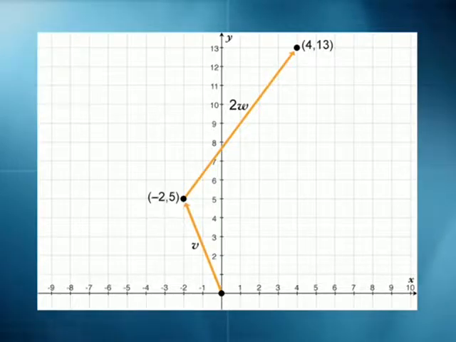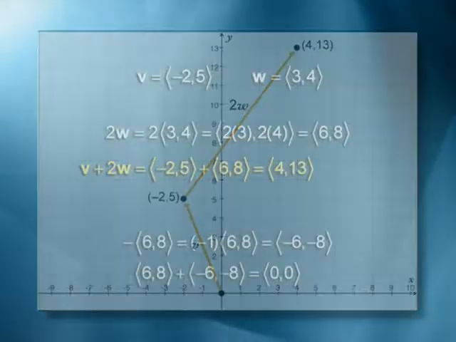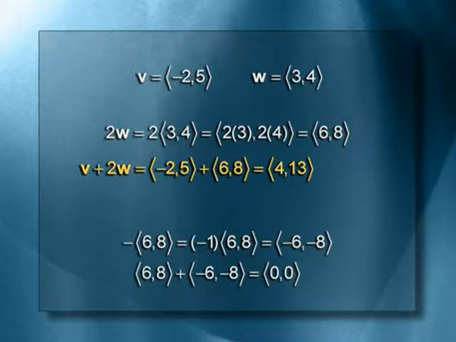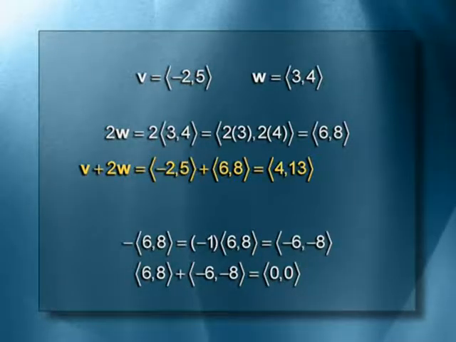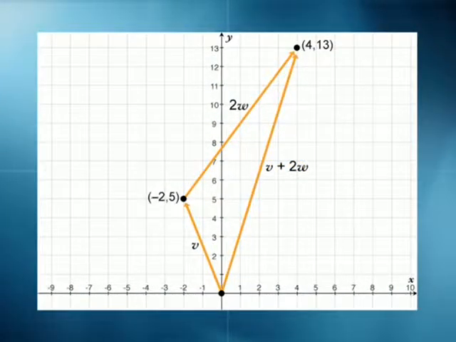And this is the geometry of vector addition. v plus 2w is the resultant vector starting at the origin and ending up at the point 4, 13. Isn't that neat? So you can represent vector addition by these triangle diagrams.